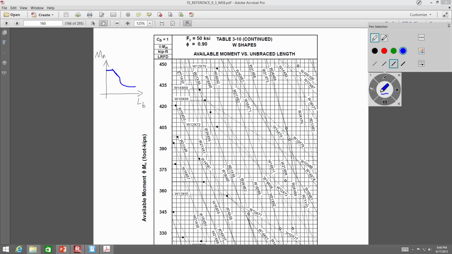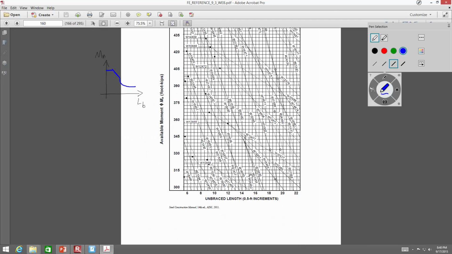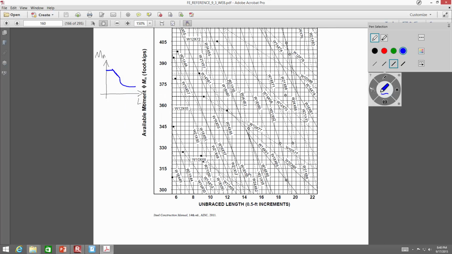This is an unbraced beam. So what is the unbraced length? 12 feet. So watch this. Let's see if I can do this. I'm going to erase my little beam curve so I can see what's going on. Now let's go to this. You said 12 feet, right? That 12 feet?